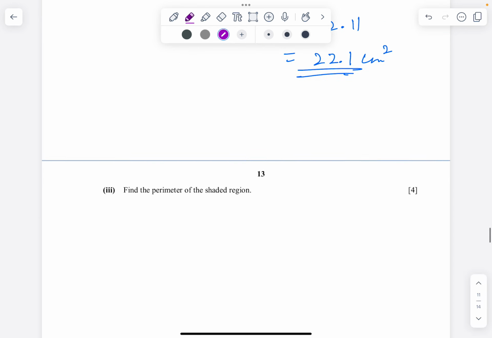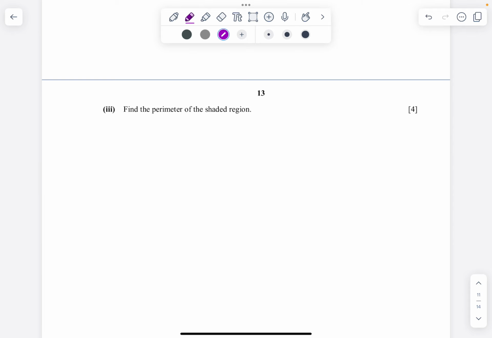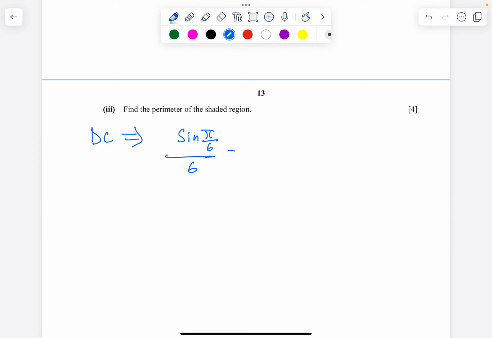Let us find DC first, because from the triangle I can find DC. So for DC, I can simply use the sine rule. Sine pi by 6 over 6 is equal to sine 2 pi by 3 over x. So DC gives me 6 square root 3.